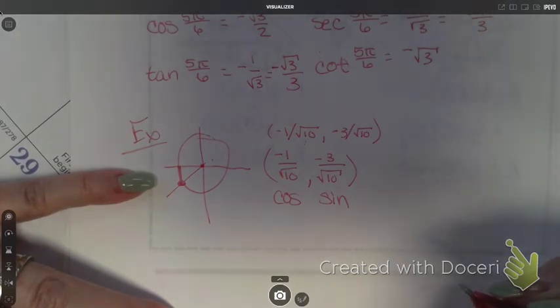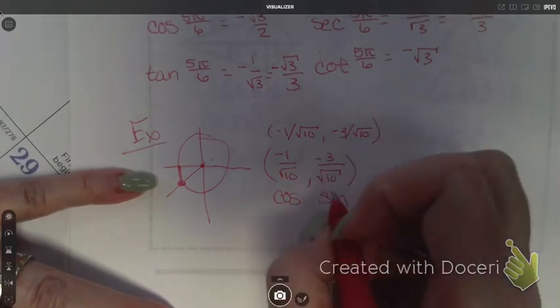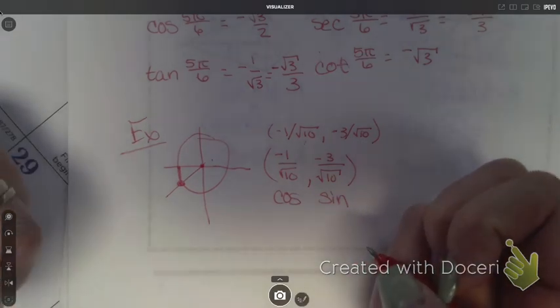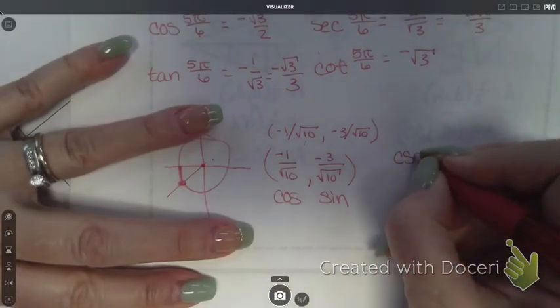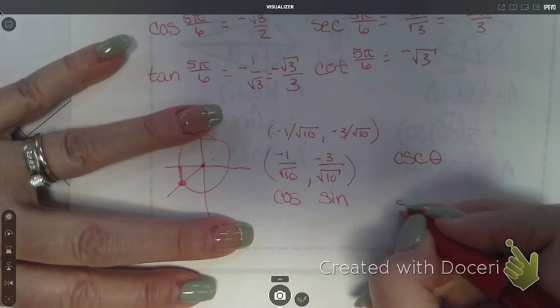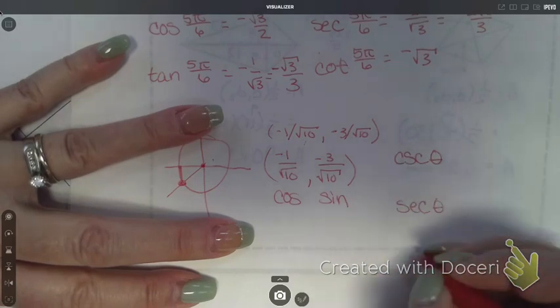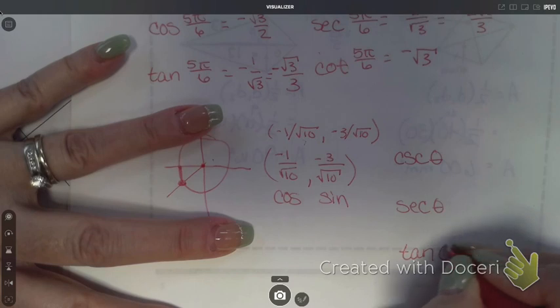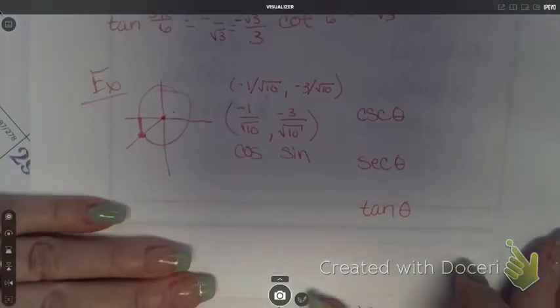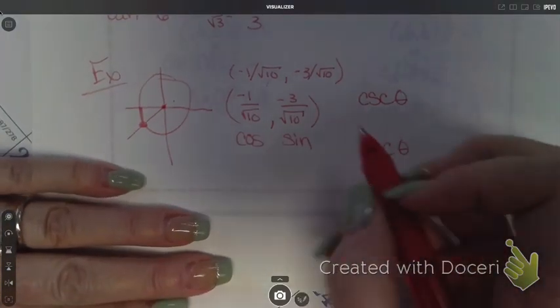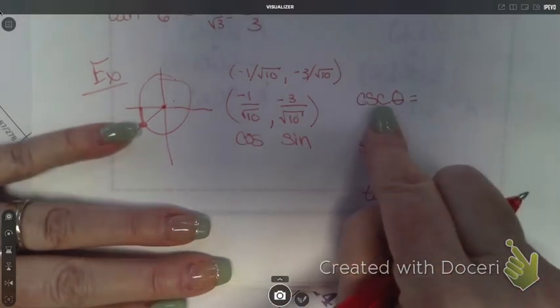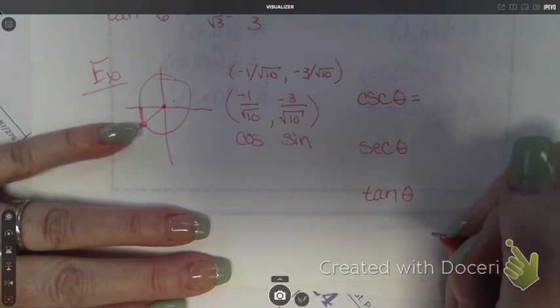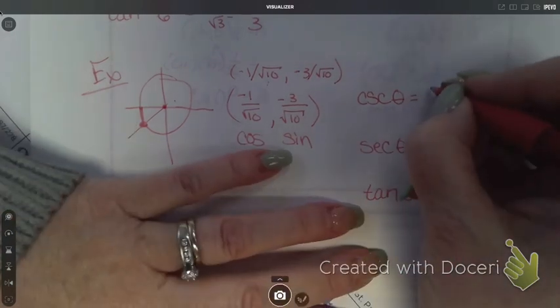Okay, so they want cosecant, secant, and cotangent. So cosecant of theta, secant of theta, and cotangent of theta. Well, I have sine and cosine, yes? So what is cosecant compared to those? It's 1 over sine.